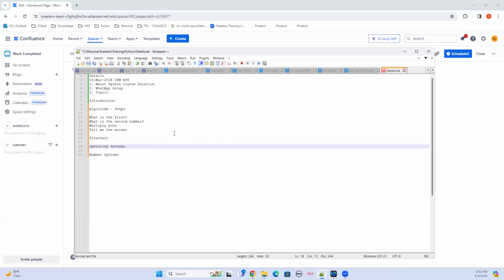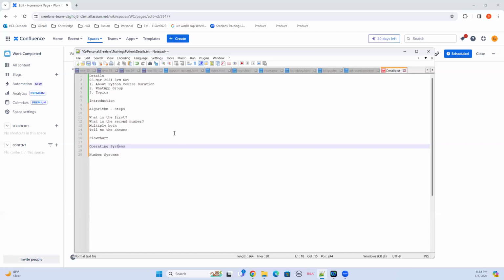Multiple situations you will be getting. As soon as you get up in the morning, you brush your teeth and then you feel hungry, and we eat something, whatever we take.